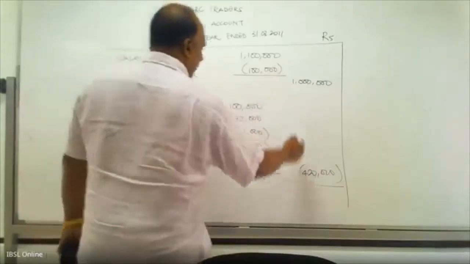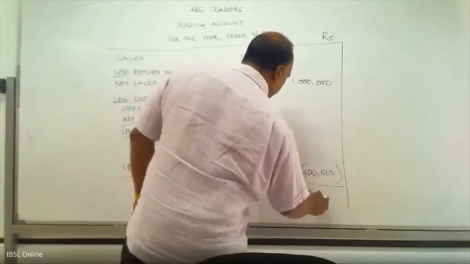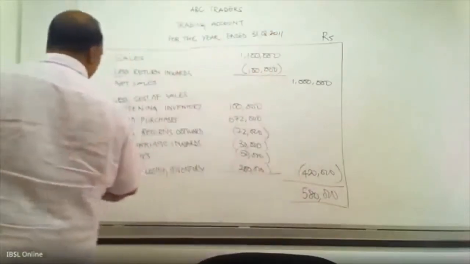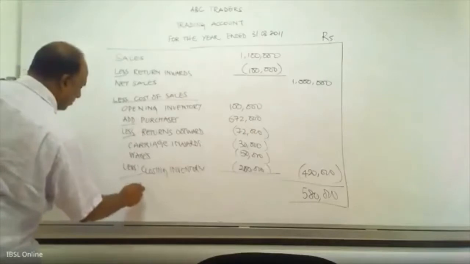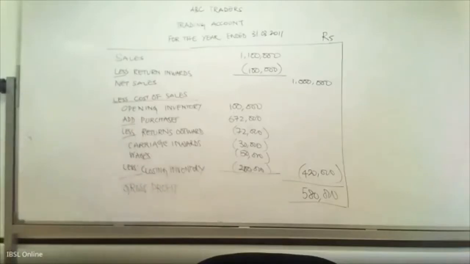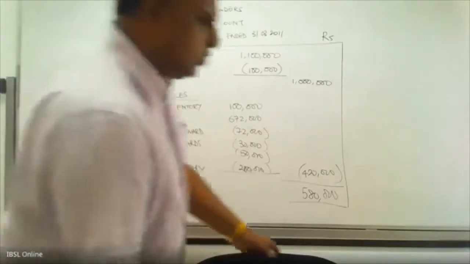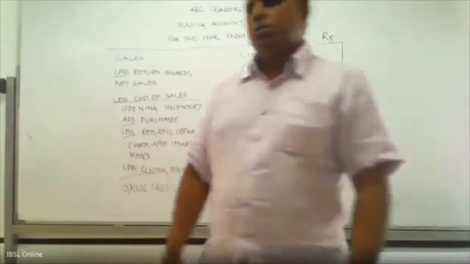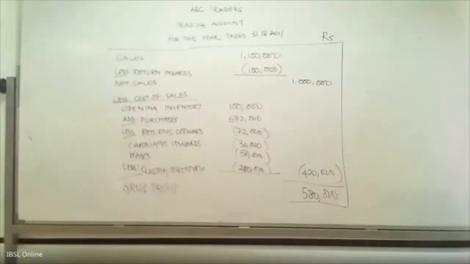Then your gross profit will be 580. Gross profit will be 580. So this is how you calculate. I don't know whether the board is visible. So the total amount of 580, which is the gross profit.